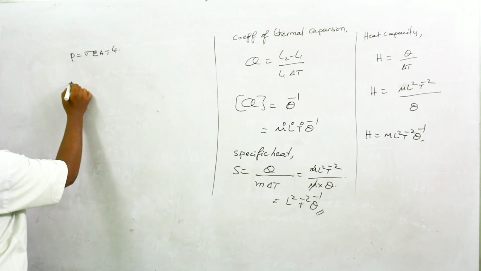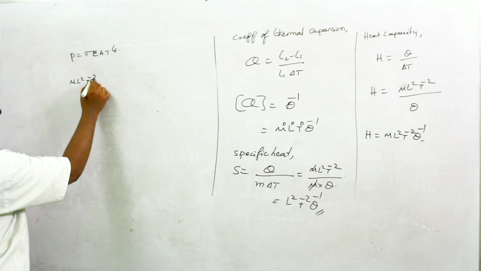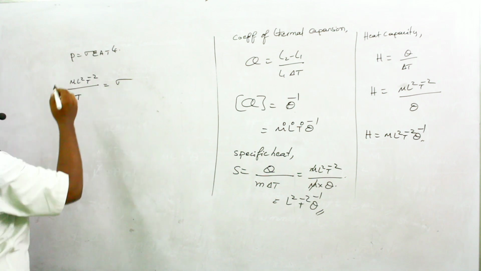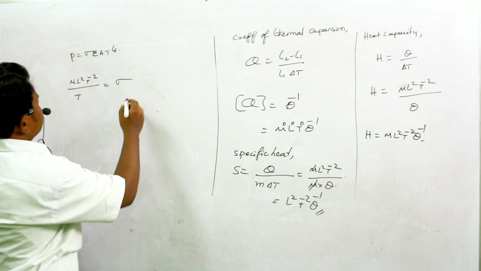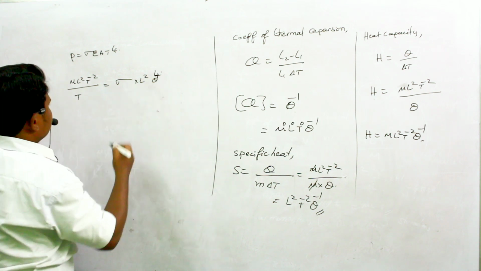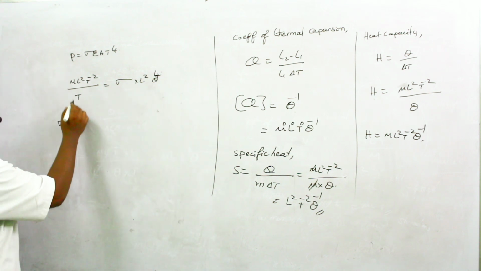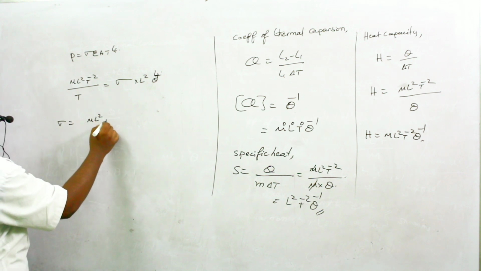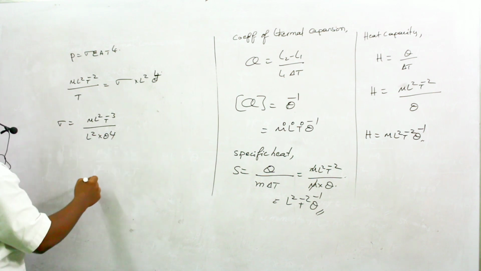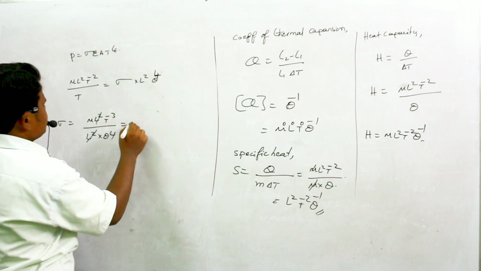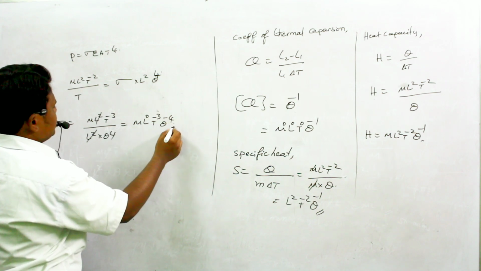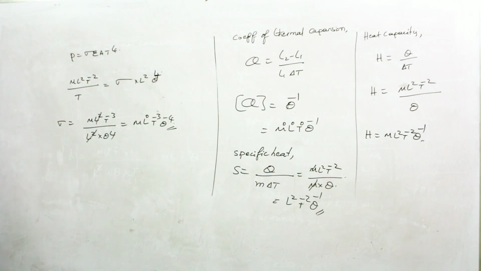Power can be written as work by time, so ML² T⁻² divided by T. This should equal σ, and emissivity is a dimensionless constant, so σ into L² into θ⁴. Therefore σ equals ML² T⁻³ divided by L² θ⁴. So L² gets cancelled. So M L⁰ T⁻³ θ⁻⁴ should be the dimension of σ.